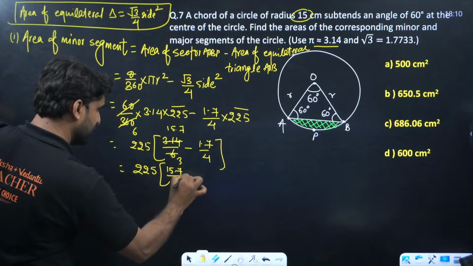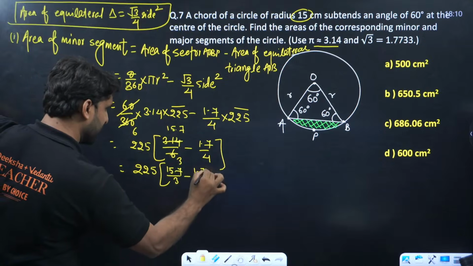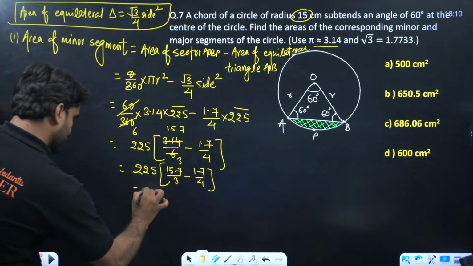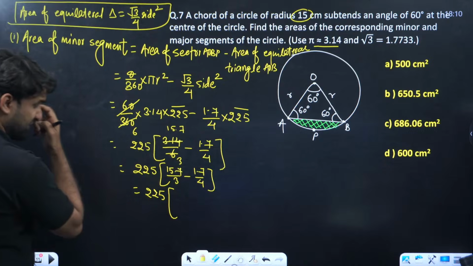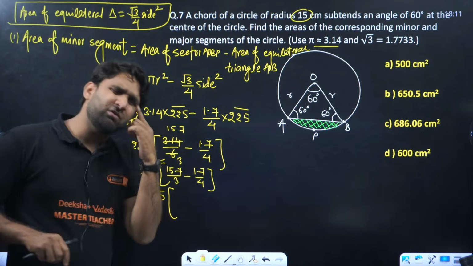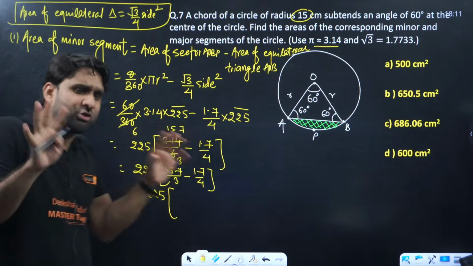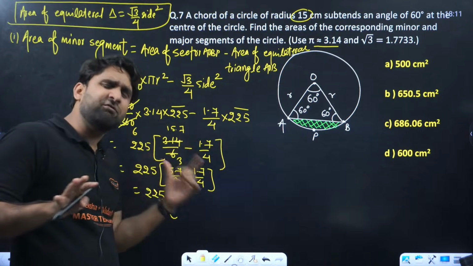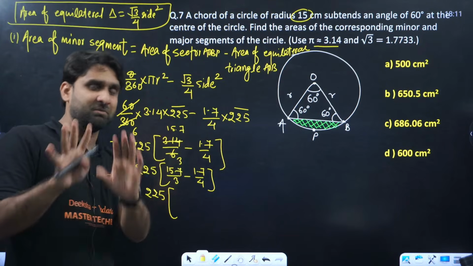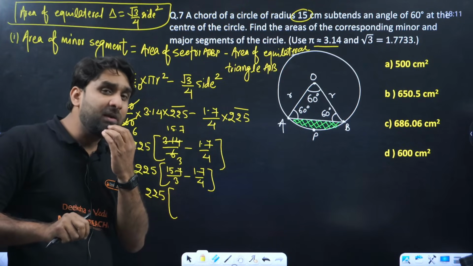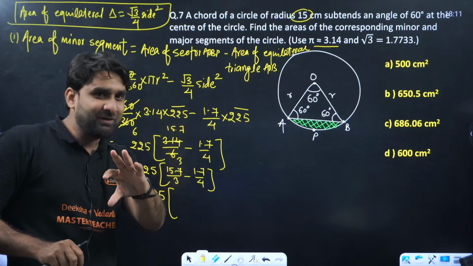15.7 divided by 3 minus 1.7 divided by 4. Let's solve this. So 225. Now can we multiply? This is 15.7. Just use your logic. If this is 15.7, just imagine that is 16, because 15.7 is approximately 16. So 16 by 3 will be 5 point something.